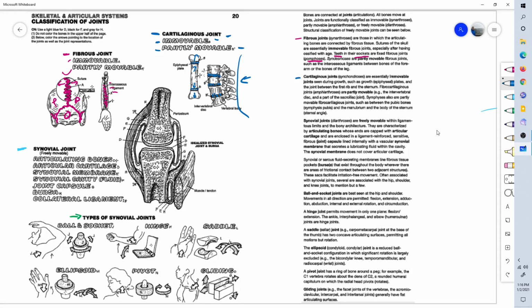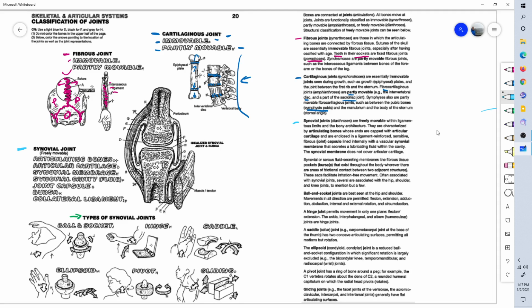Partly movable, the intervertebral disc, and also the sacroiliac joint, which we'll learn about later. Also, the pubic symphysis in front of your pelvic ring, which we'll learn about later as well, has a little fibrocartilaginous joint in there as well.